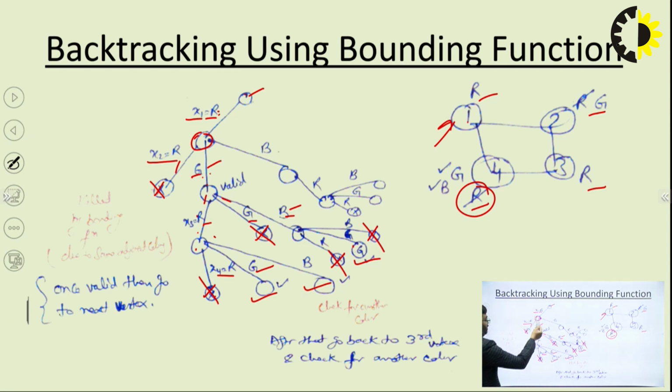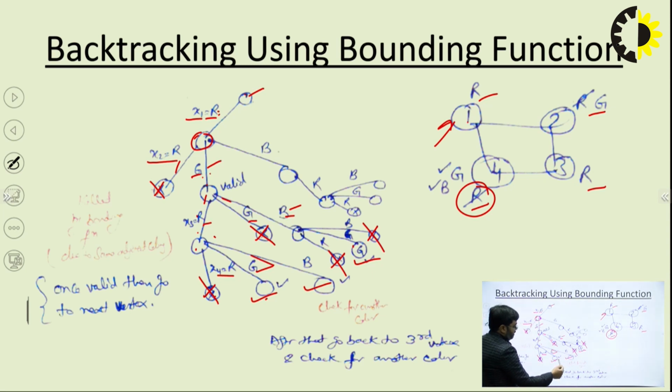It means if we try to go from this path and find that a node has been killed by the bounding function, then we come to the next node and explore the next path. And if we find a valid path here, then we come back to its parent node and try to find the next path.